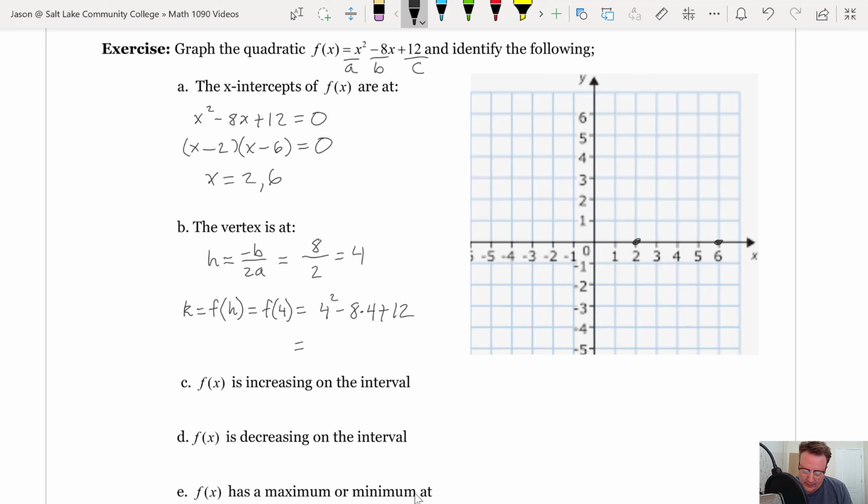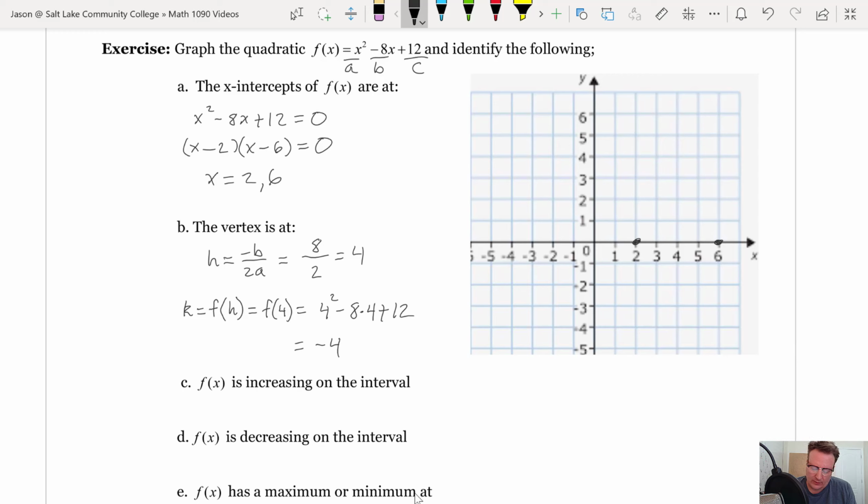I get 16 minus 32 plus 12. I'm going to add the 2 positive terms together. 16 plus 12 is 28. And then I have negative 32 plus 28. That's going to be negative 4.